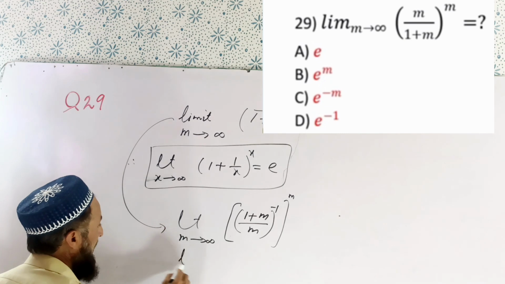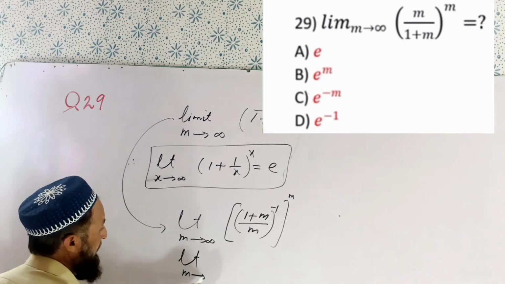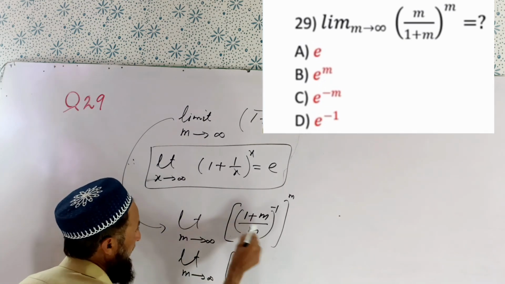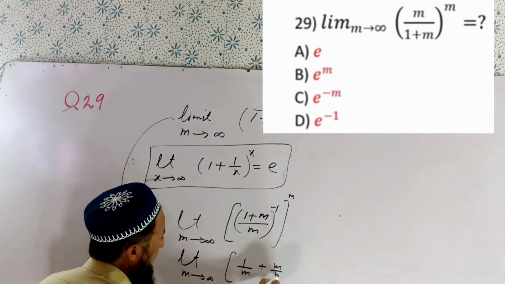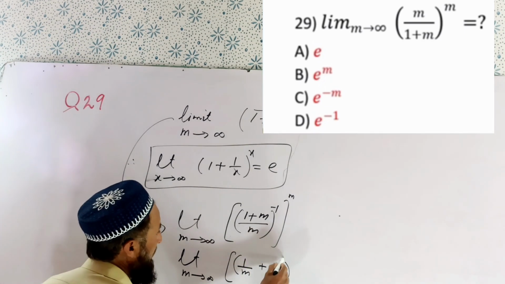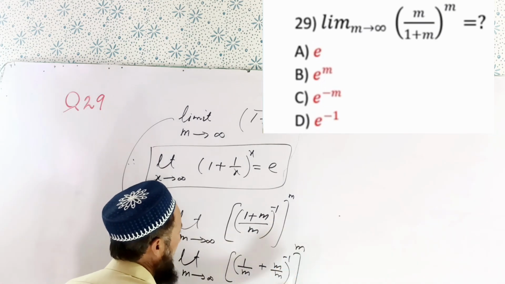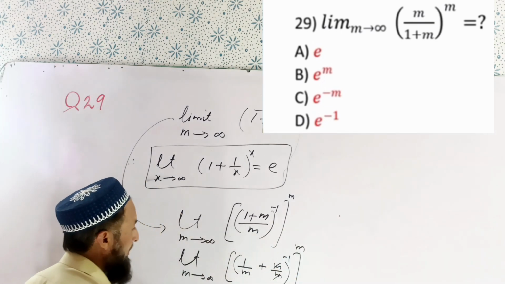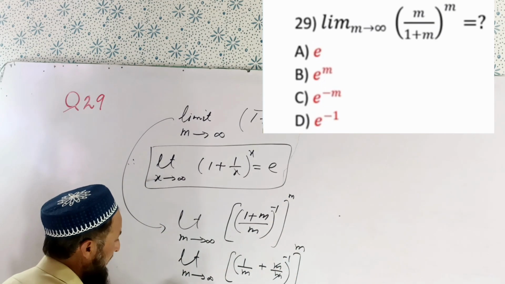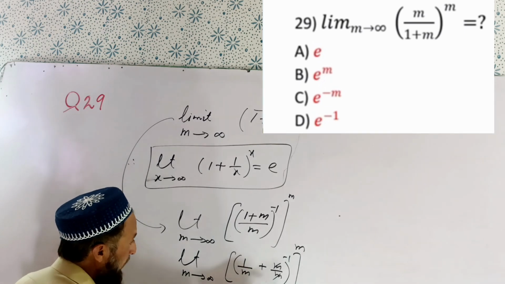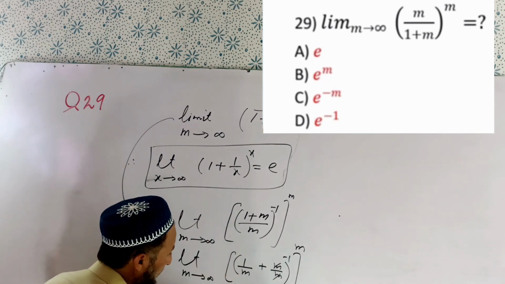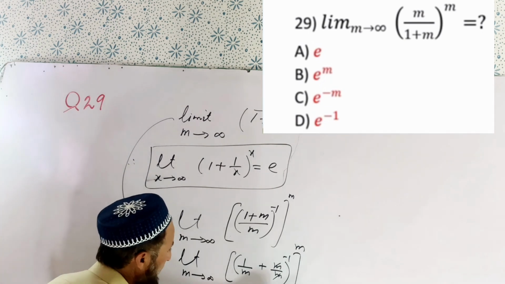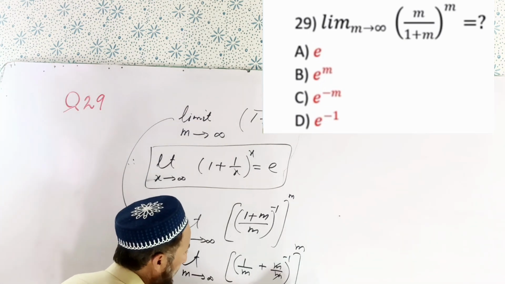Now we can divide each term by m, so this will be (1 plus 1 over m) whole power minus 1, and power m.